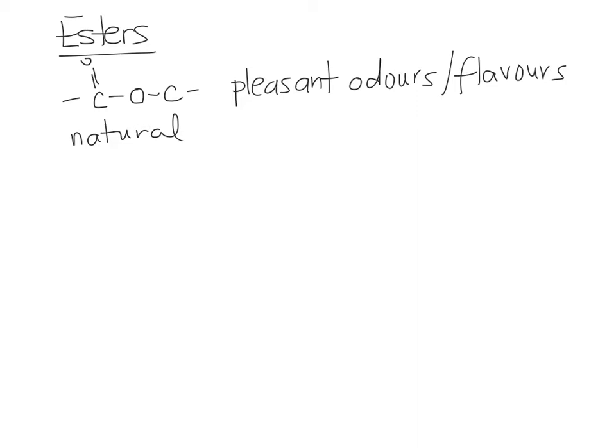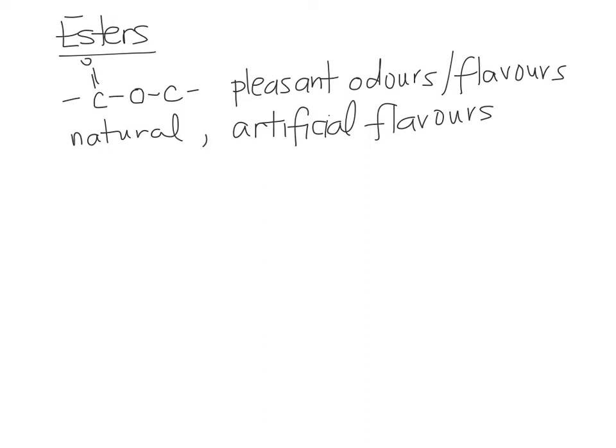They can also be used, if they're synthetic, if they're man-made, as artificial flavoring. So once we've identified the chemical compound that makes the flavor, we can synthesize it in the lab, and then they call them artificial flavors.